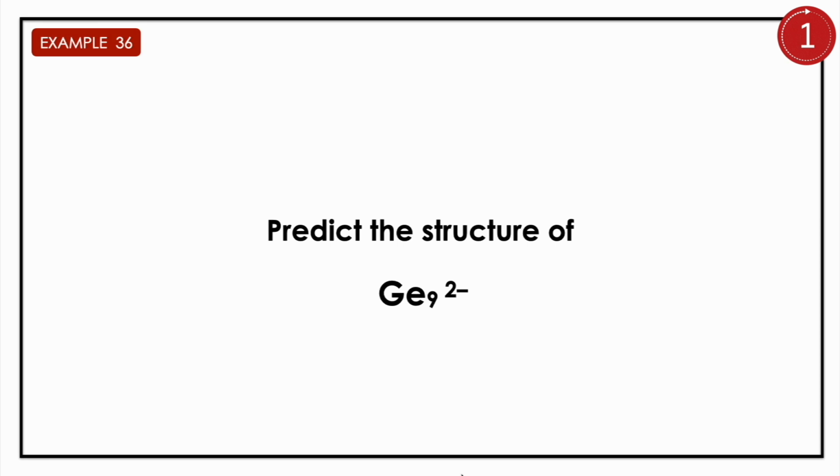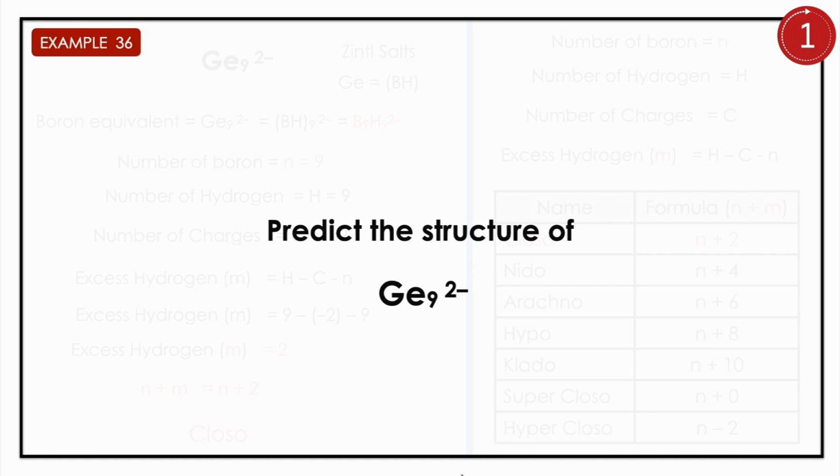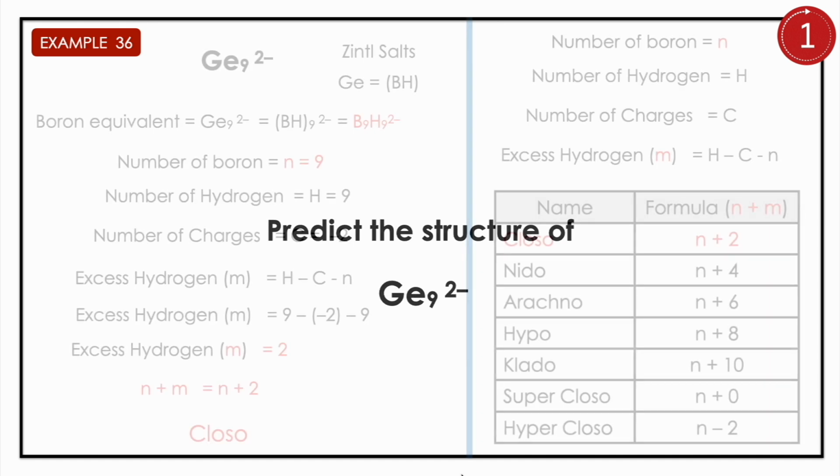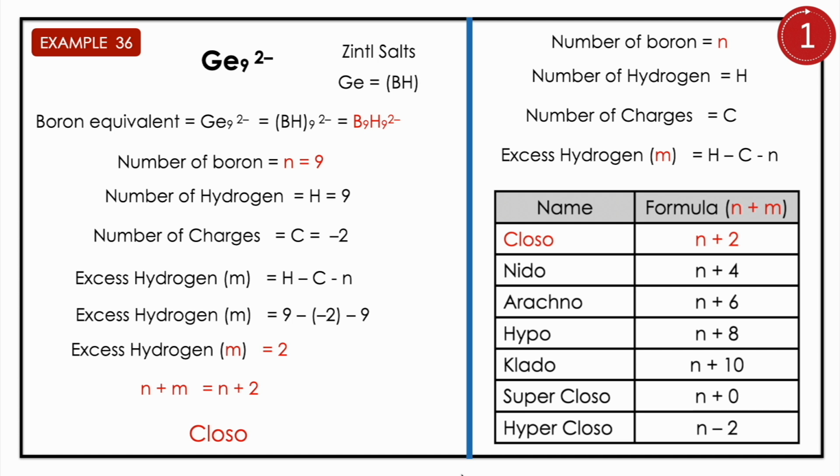Then the next example, here you have Ge9 2 minus, it is a germanium cluster. You should find the structure of the molecule using Wade's rule. Here the germanium metal cluster is given, which is Ge9 2 minus, which is technically a Zintl salt.